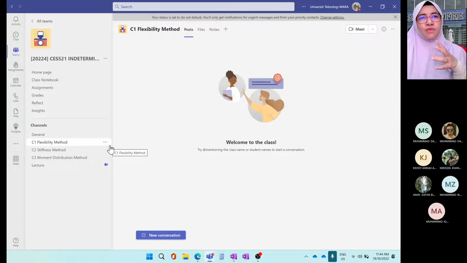And then from reaction, we continue to calculate member forces in truss. We use two methods to calculate member forces. We use method of section. We use method of joint. Kan, untuk calculate internal forces in truss. Internal forces in truss is axial force in the member, or member forces.